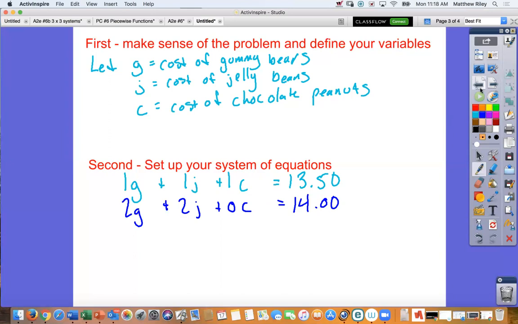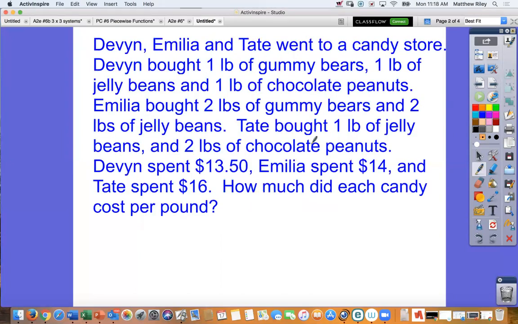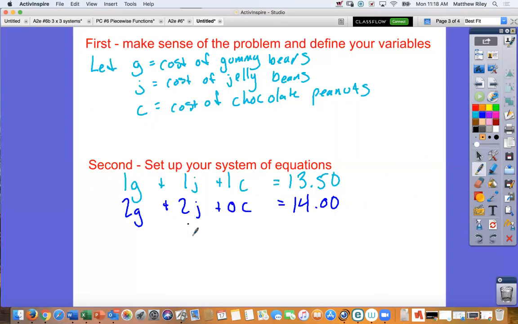Now the last one, Tate. Tate bought 1 pound of jelly beans, 2 pounds of chocolate peanuts, and he spent $16. So 1J plus 2C equals 16. That's our system of equations.